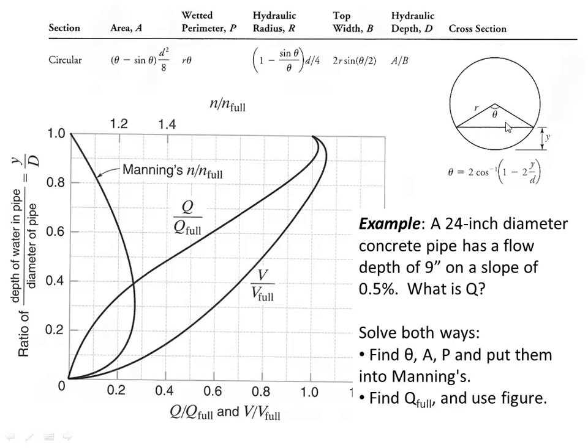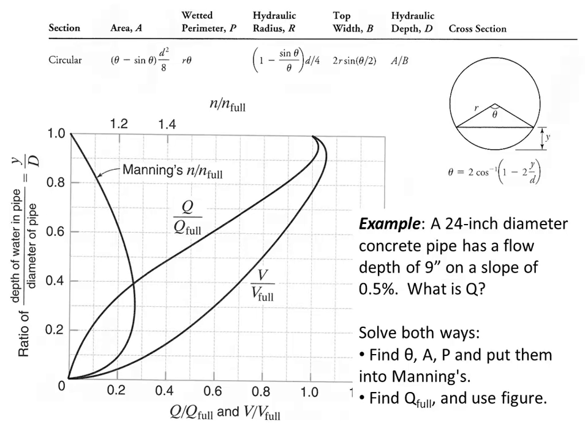Of course, for a circular section where the water is all the way to the top, then the area is simple. It's just pi d squared divided by 4. But what's shown here on the right side of the screen is the fact that y is smaller than d. D is the diameter of the pipe, and y is the flow depth.